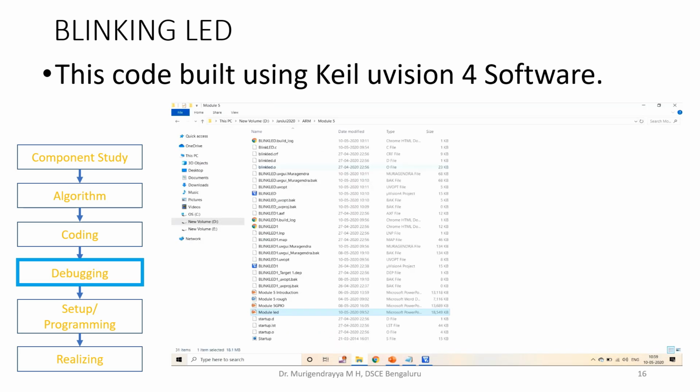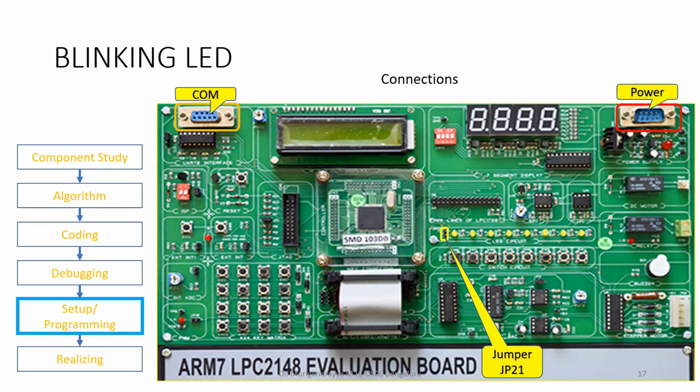So after debugging, we have to make the connections. Mainly 3 connections we make sure of. One is connecting to the computer, so that the compiled, cross-compiled or debugged code which is in the hex file can be downloaded into the chip. For that, we have to connect COM4 to the computer, and power is required for the board.